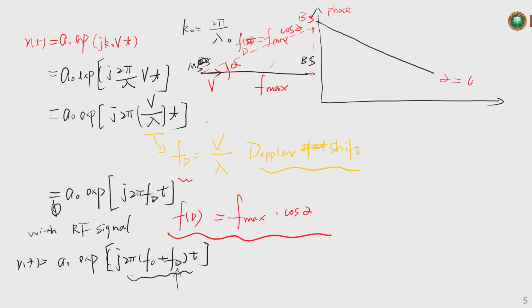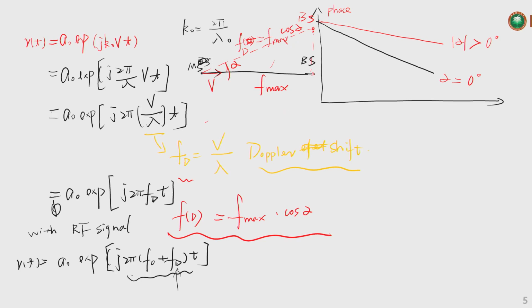If there is an angle alpha, and alpha is not 0, it's larger than 0, it becomes this one. So the absolute value of alpha is larger than 0 degree, so its slope becomes smaller.